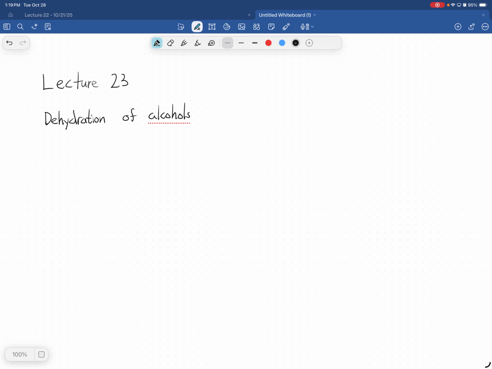These are reactions with strong acids, strong oxyacids. And what happens here, you get two pathways, E1 and E2.